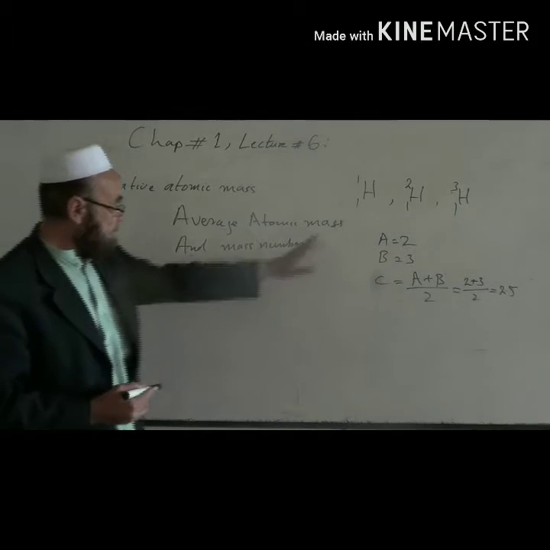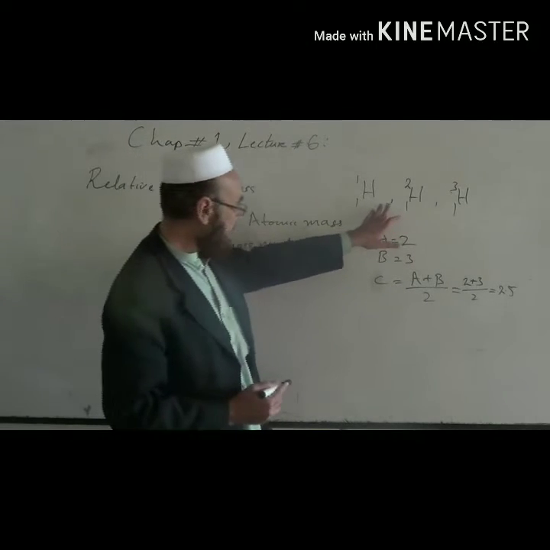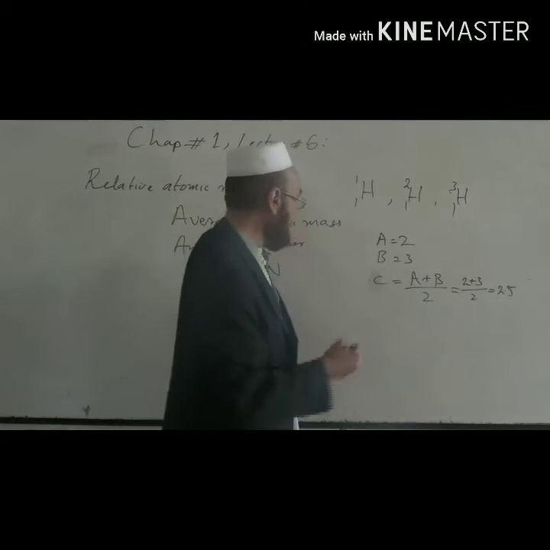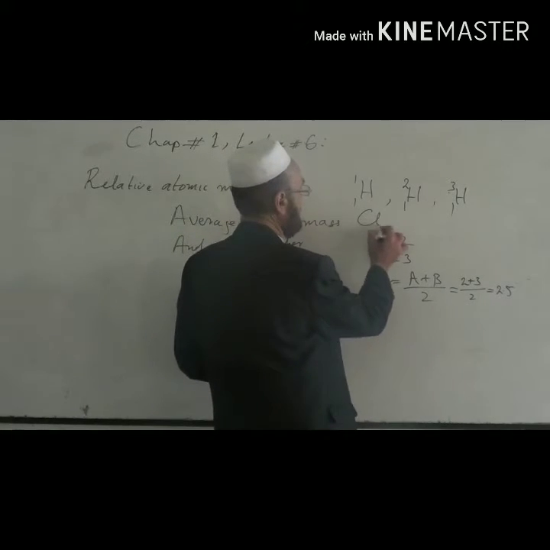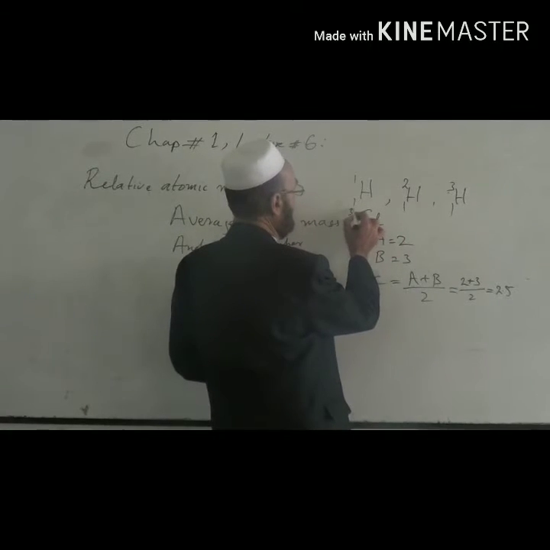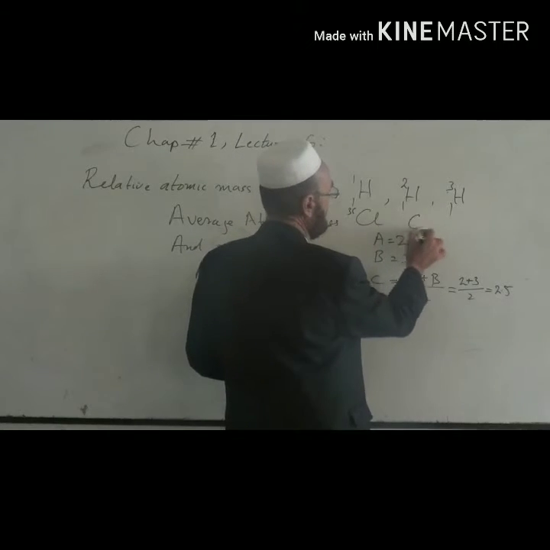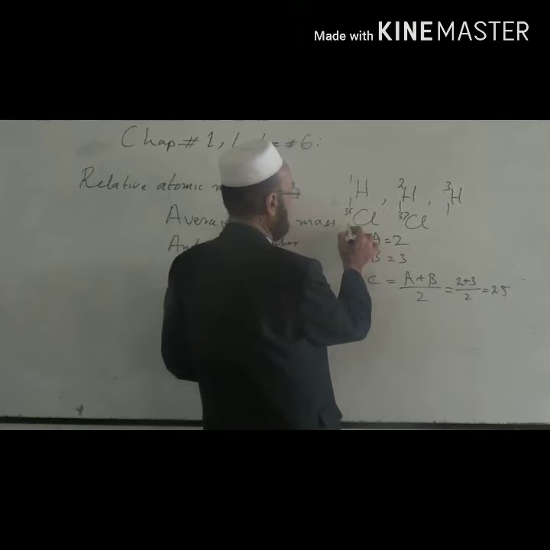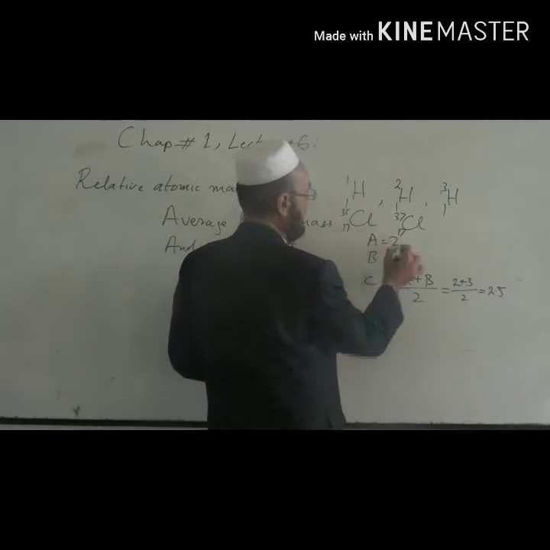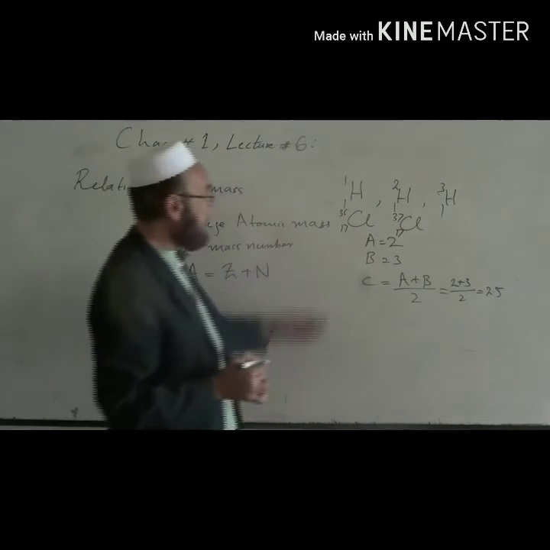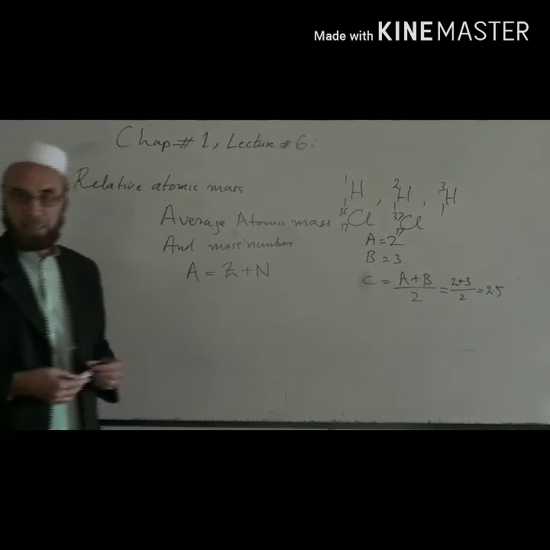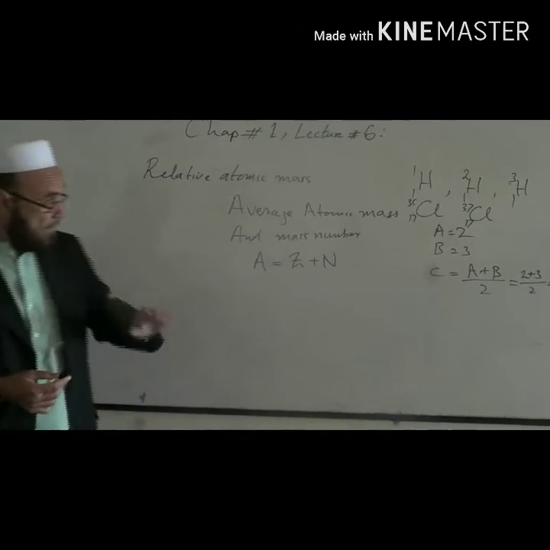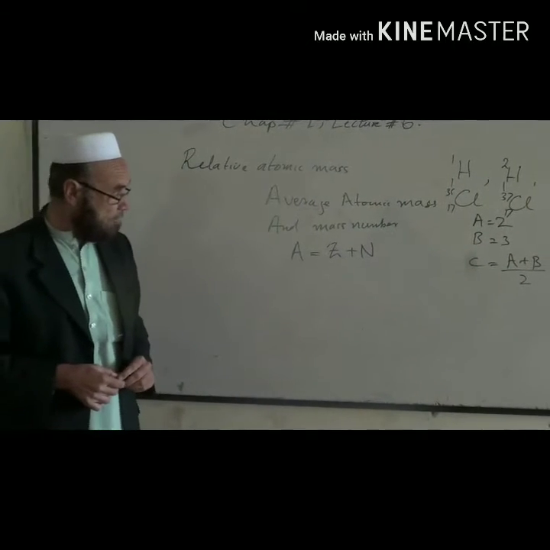A similar average can be calculated for hydrogen isotopes as well as for chlorine isotopes. Chlorine has 2 isotopes, chlorine 35 and chlorine 37, with the same atomic number 17. But their existence in nature is different.